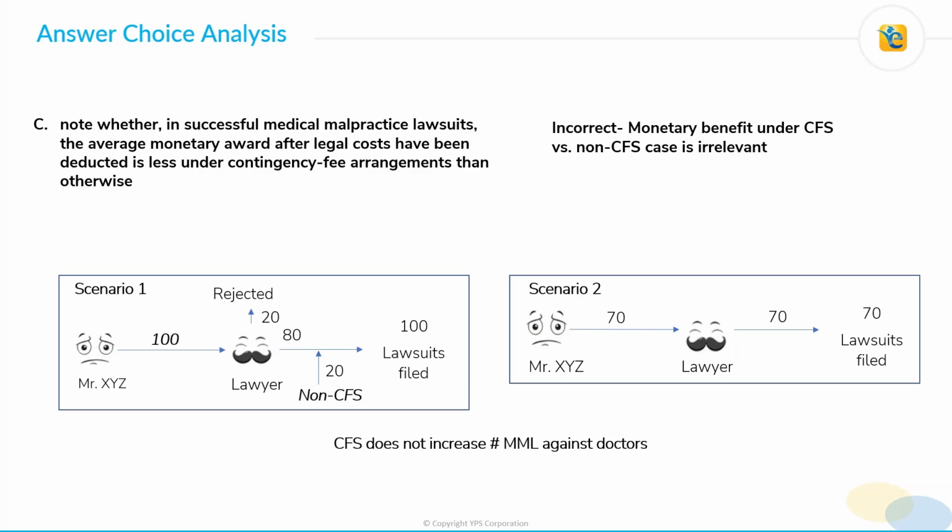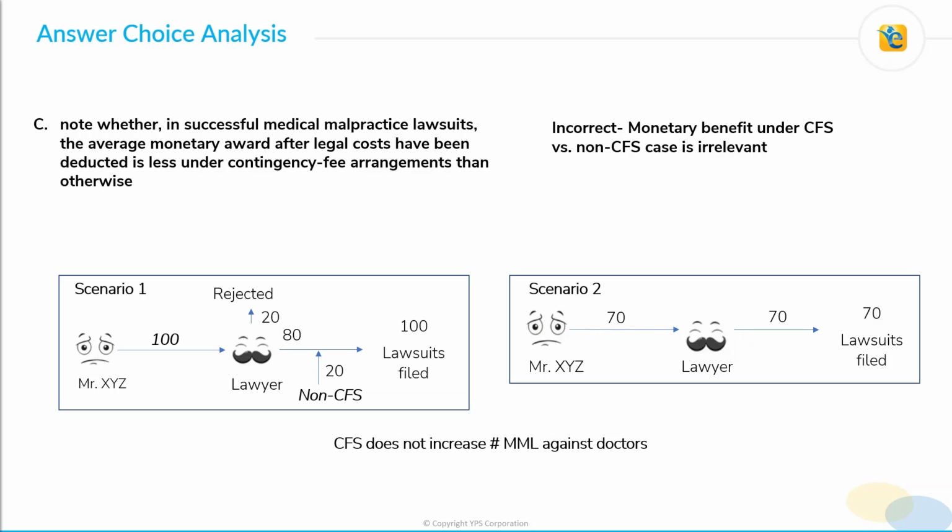However, I am assuming that in any case the lawyer will have a share in it. So I will analyze this choice from the lawyer's perspective. Essentially this choice talks about the lawyer's preference for a CFS case versus a non-CFS case, given the award that the lawyer can get.